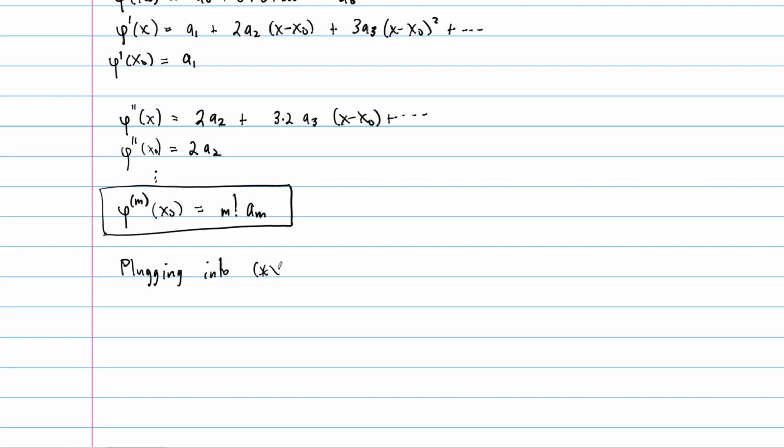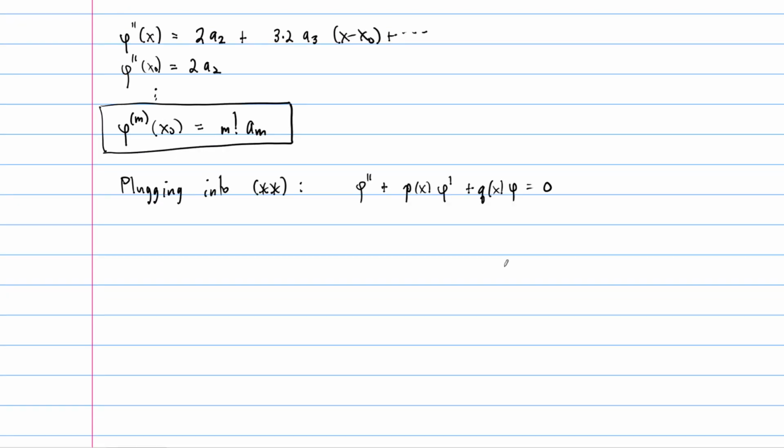Plugging into our equation 2-star, we have that phi double prime plus little p of x phi prime plus little q of x phi must be 0. And so we can write phi double prime of x in general as equal to negative p of x times phi prime of x minus q of x times phi of x.